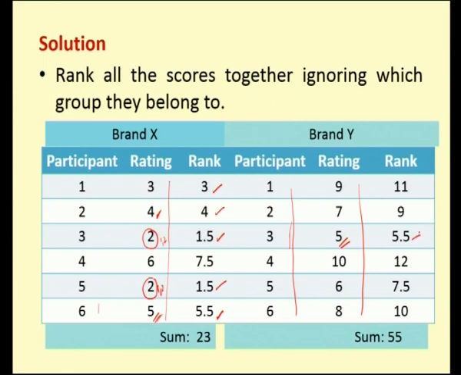After 5, come to the next observation, 6. When you come to 6, you find that brand X has one 6 and brand Y has the other 6. Already 5 and 6 have been assigned for the 5s, so here it has to be 7 and 8.